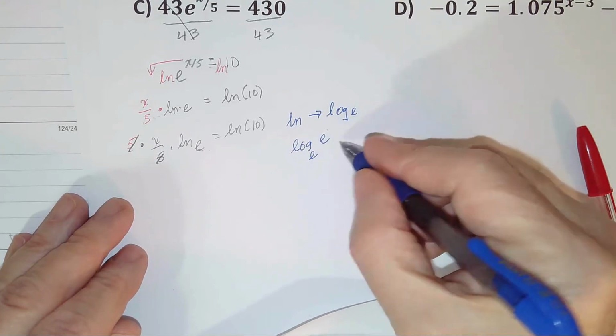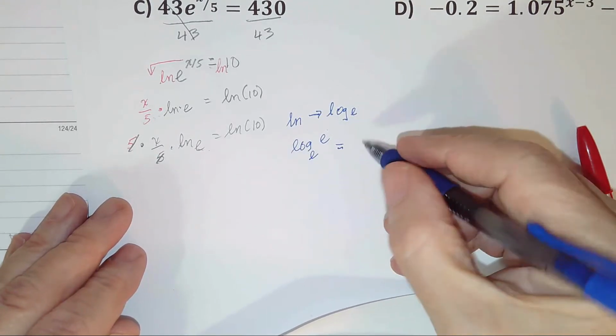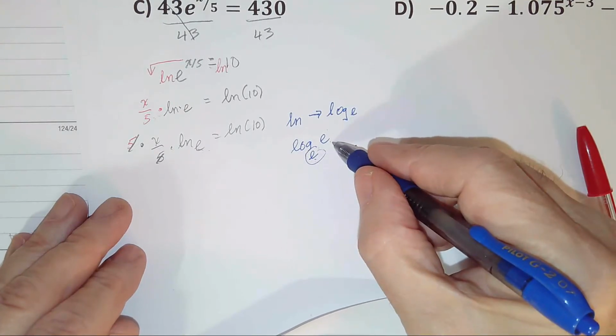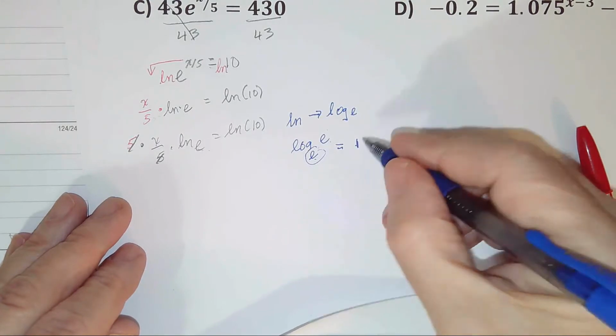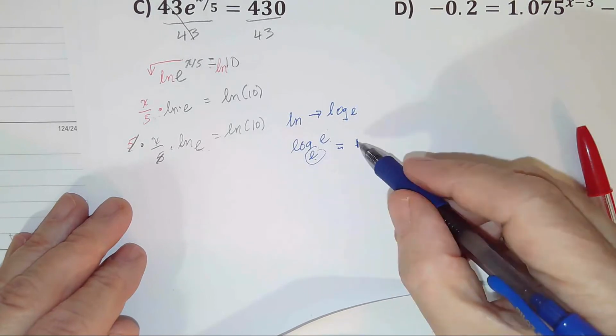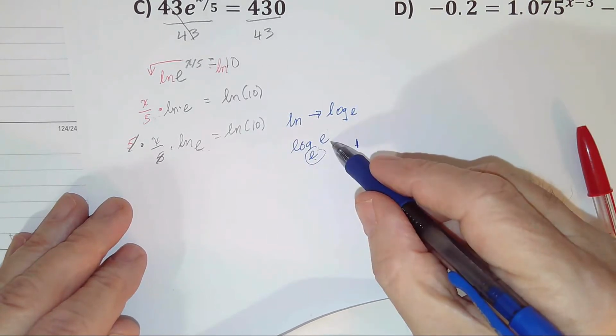Well, e to the what? Well, okay, this is your base. E to the what equals e? Well, e divided by e is 1, so this has got to be 1. Okay? So e to the 1 gives you e. So think of it that way.